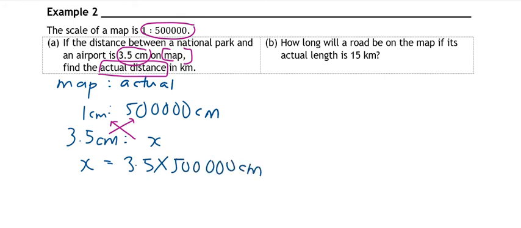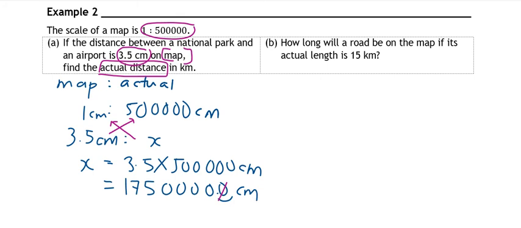So here, when you try to multiply this, 3.5 times 500,000, when you use your calculator, you can get 175. And then how many zeros are there? 1, 2, 3, 4, 5. But here you have a 1 decimal place, so you have to put the decimal place here. You can cancel here. This is your actual distance, but the unit is in centimeter.